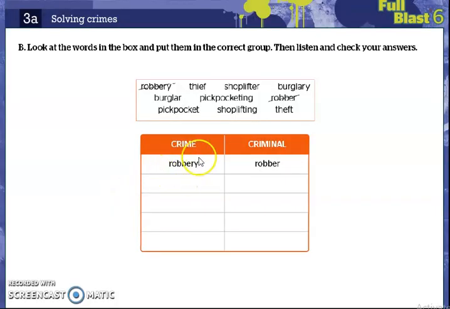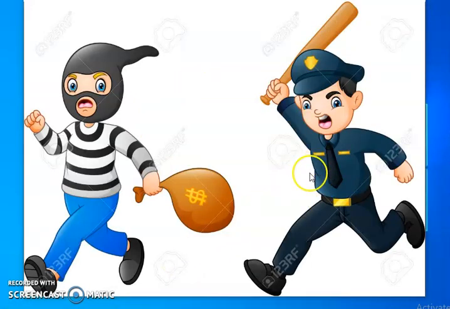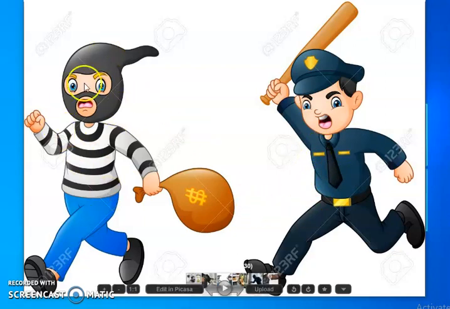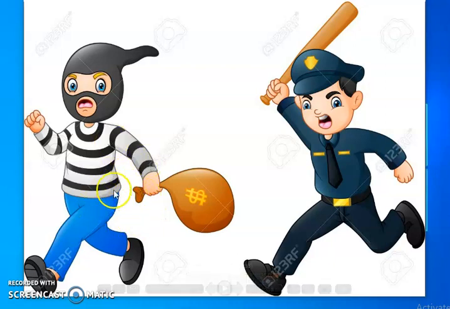And it's a crime. The second word is thief. And the thief is somebody who takes things from a person or place, and it's usually without hurting anybody.